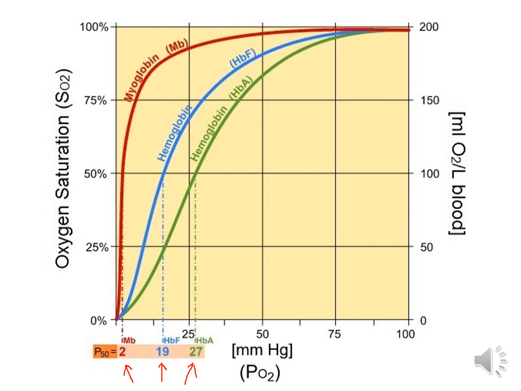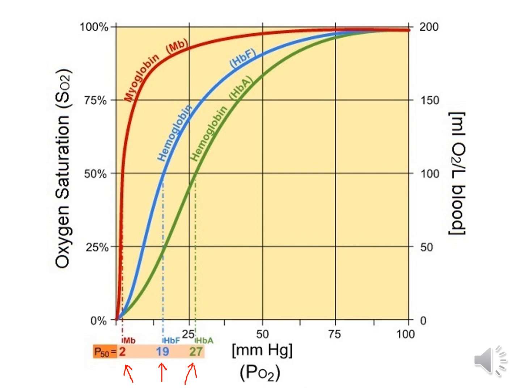In this diagram you can understand why one is to the left of the other. Please look at the arrows below. The P50 for hemoglobin A is about 27, and to the left of it comes hemoglobin F, and the P50 is 19, and the lowest P50 is for the myoglobin.